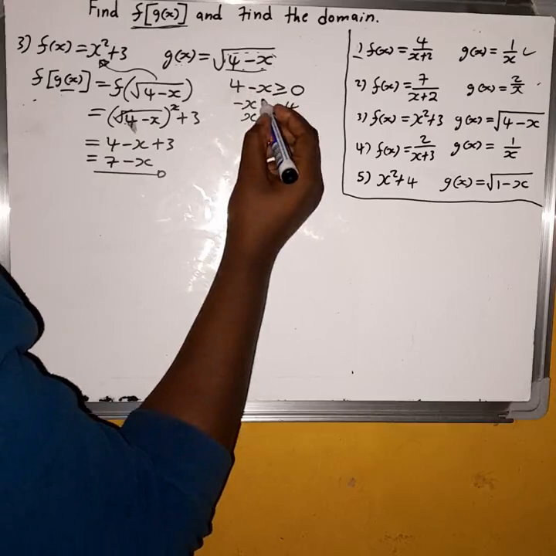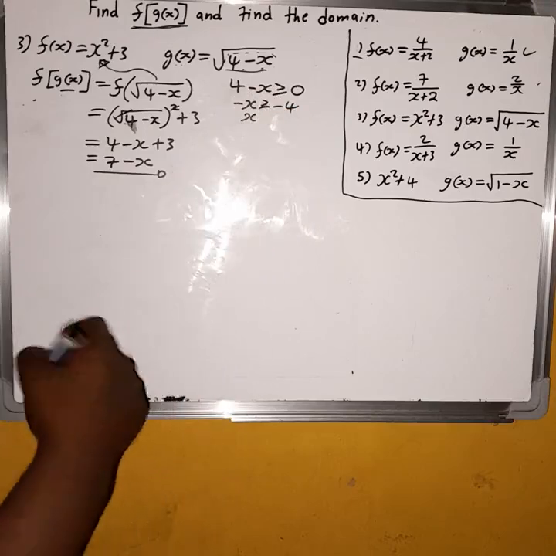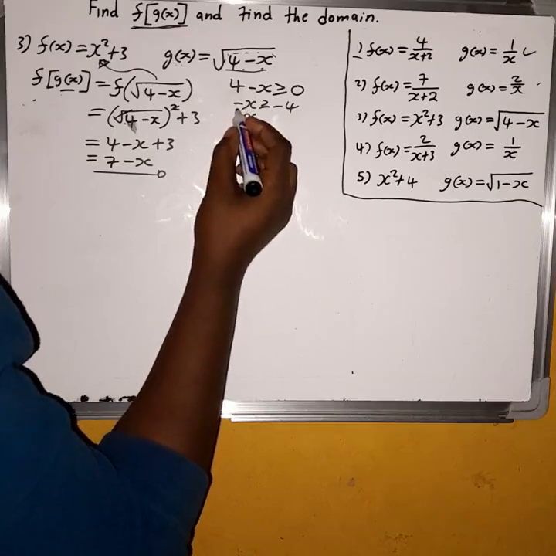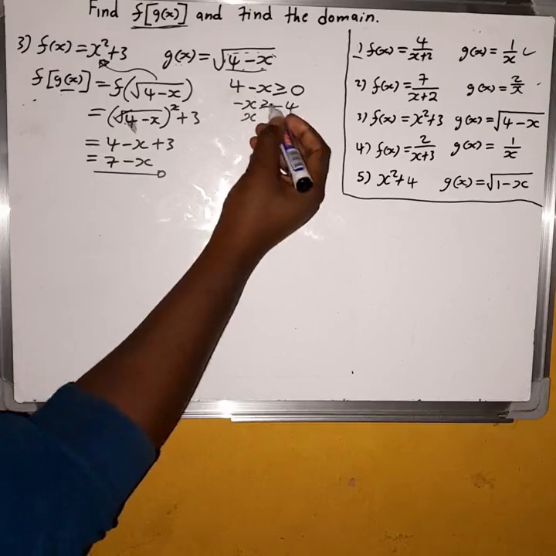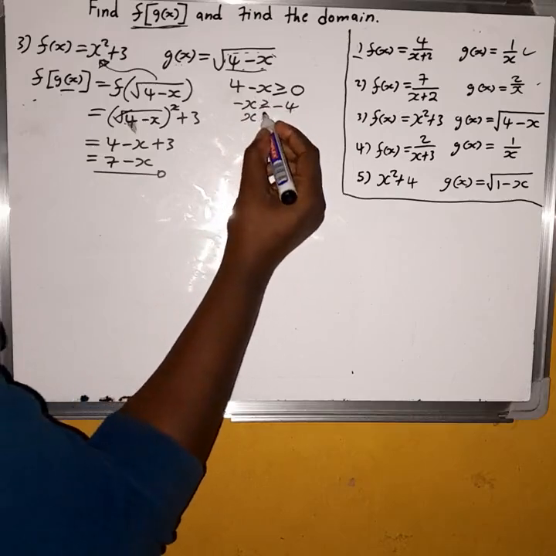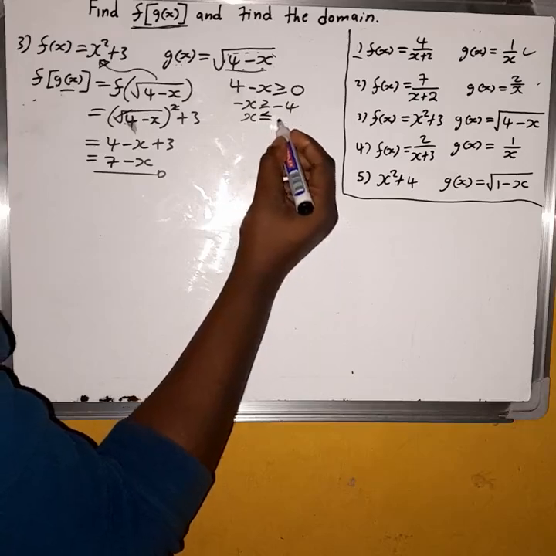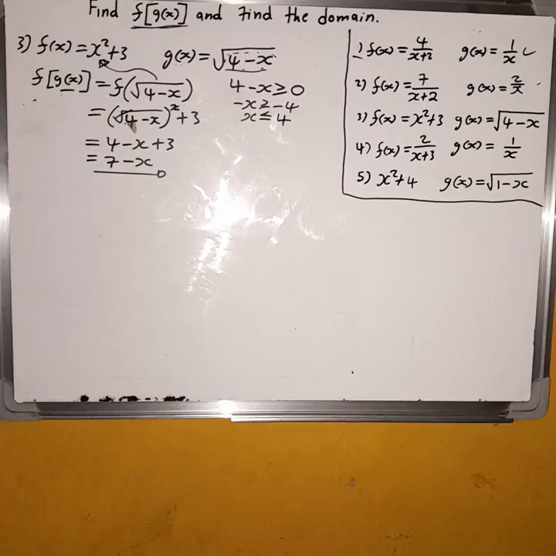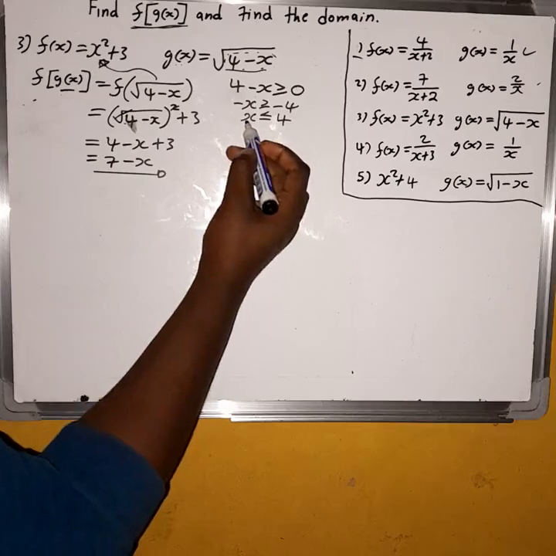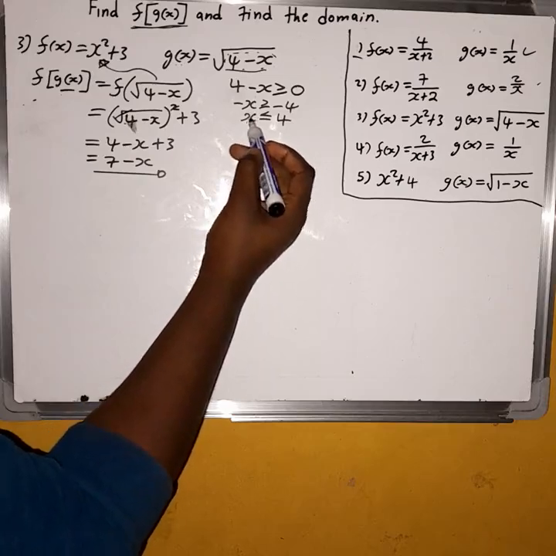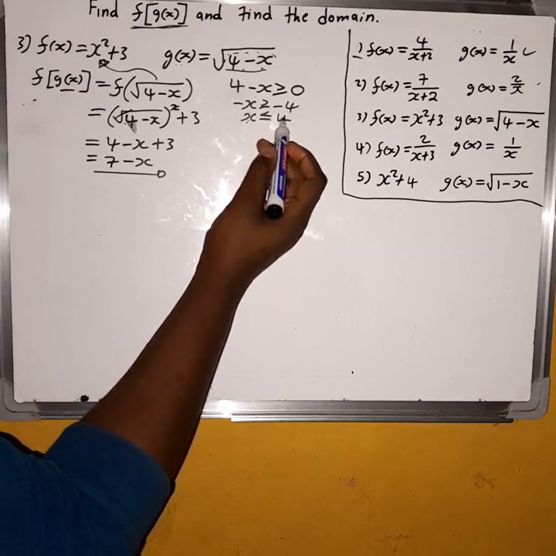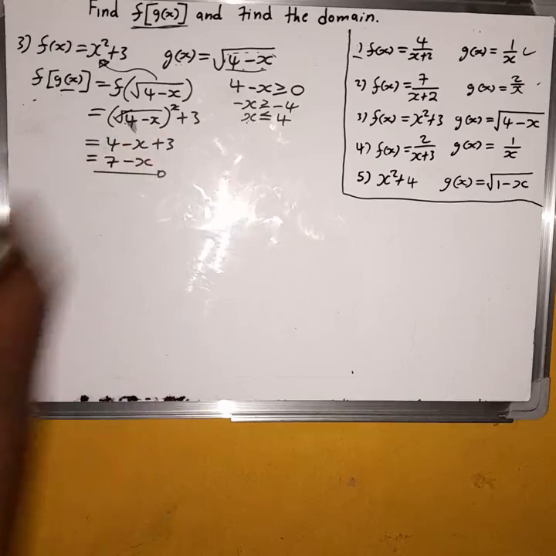Remember, this is greater than or equal to. When you divide by -1, this will change the sign, the inequality changes sign. That means x must be less than or equal to 4, right?